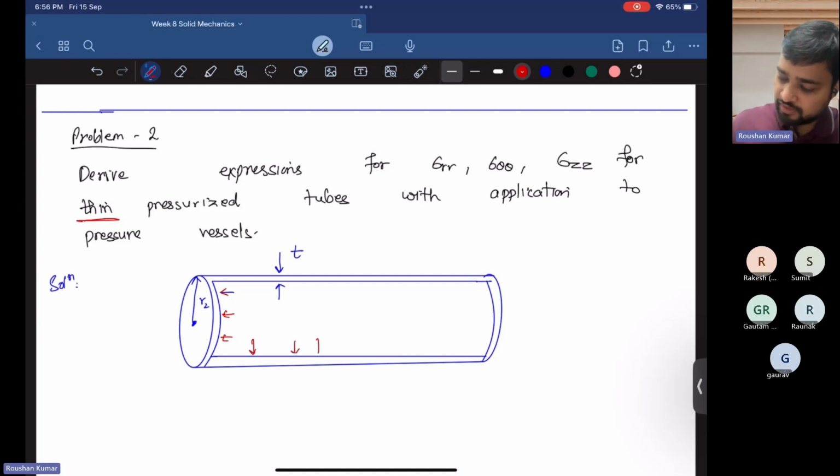Suppose pressure P is acting all around, and the length is along the z direction. This is the outer radius R2, and this is the inner radius R1.